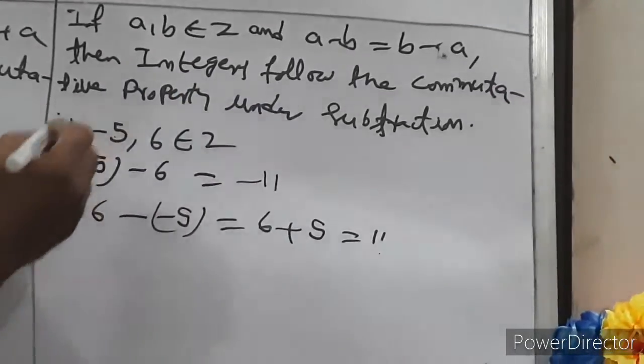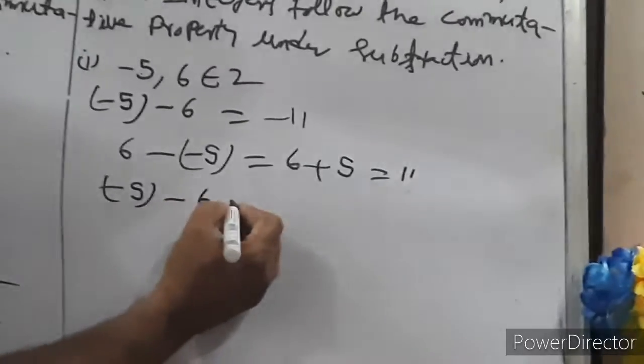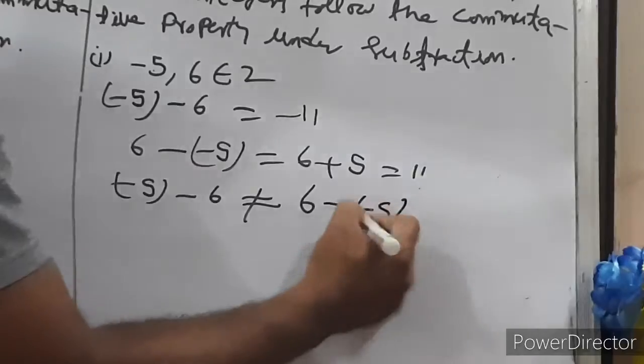That means minus 5 minus 6 is not equal to 6 minus of minus 5.